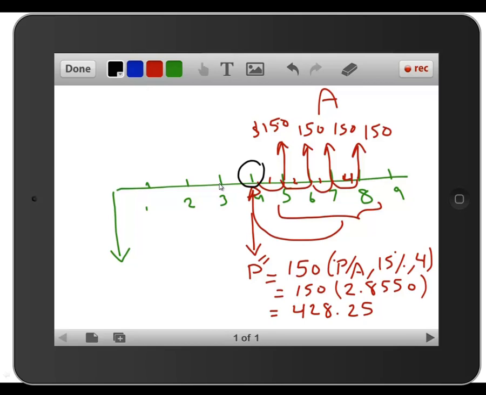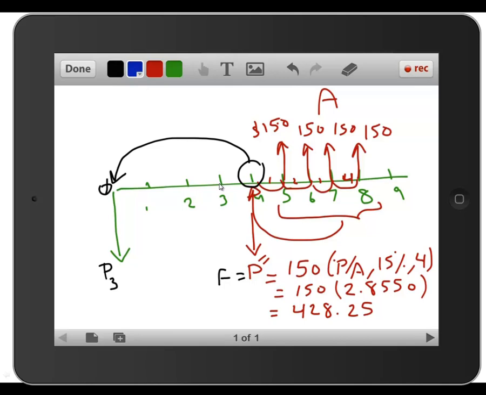Now we will consider that P double prime here as the future value for P of group number 3. So I will bring the future value here back to time 0.